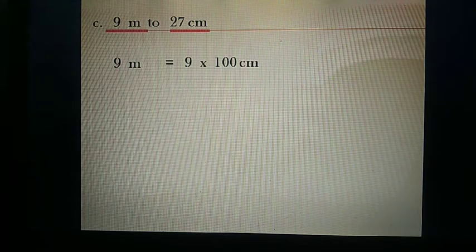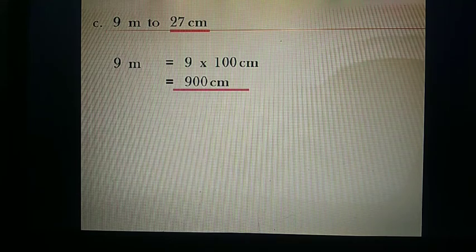Next, 9 meter to 27 centimeter. Again, the units are different. Converting the bigger to smaller, that is 1 meter means 100 centimeter. So 9 meter means 9 into 100, which means 900 centimeter. Now we will use this. Now the units are same.